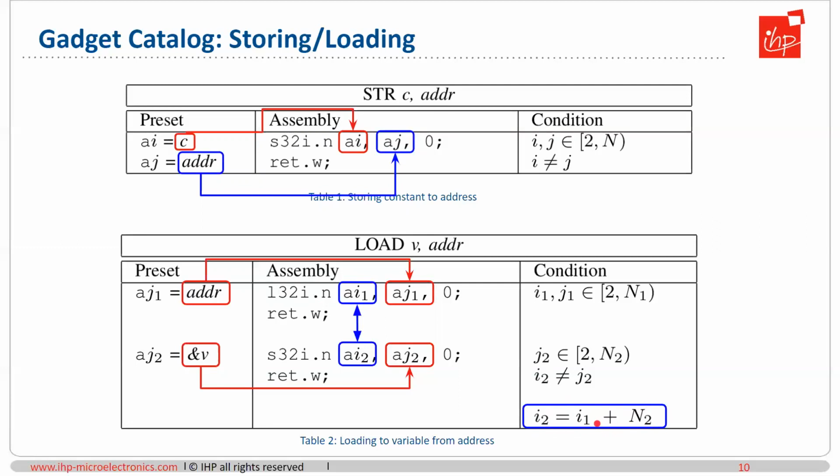Let's take an example where AI equals 2 and our window rotates by 8. So the index of the store operation should be 10. If the following condition is met, the load operation can be done.